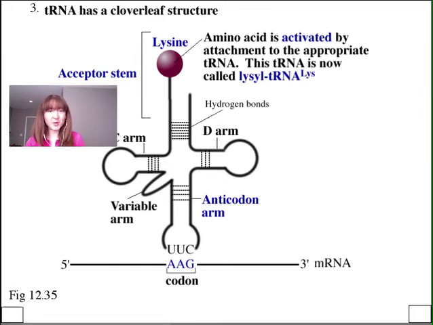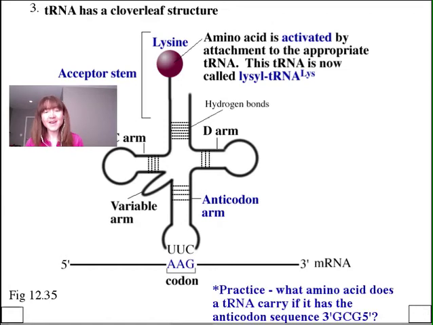Now that we feel super stoked about our knowledge of the tRNA structure and function, it leaves us with the one task of practicing to see if we make good tRNAs. So let's go ahead and begin with a simple example, and then we'll make it a little harder and see how we do. So what amino acid does a tRNA carry if it has the anticodon sequence of 3' GCG?